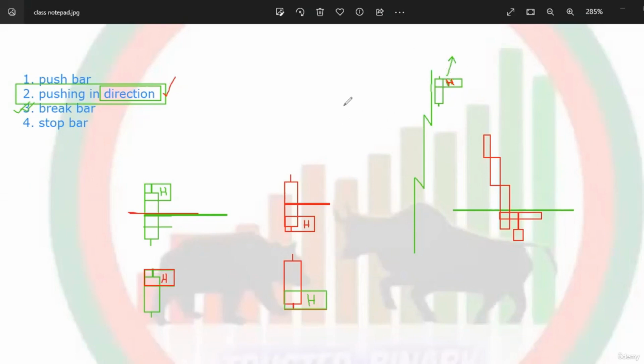So is it a ranging market or a trendy market? If it's a trendy market, what's the stage of the market, and where is the level? If it's the last stage and the level is an extreme sellers entry point area, sellers will enter from this situation and the market will fall down.